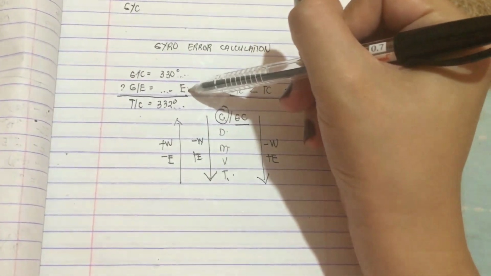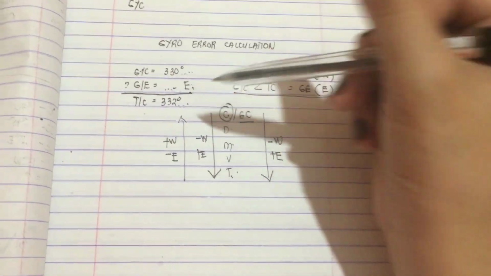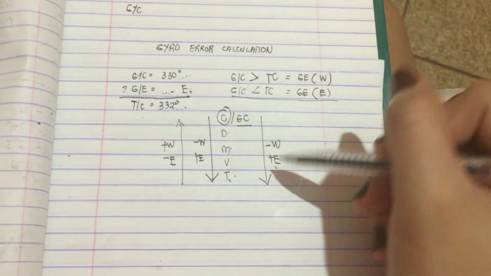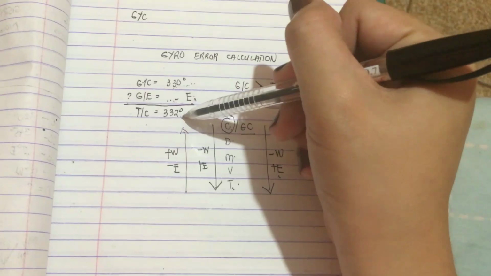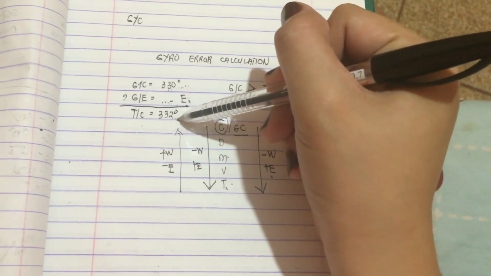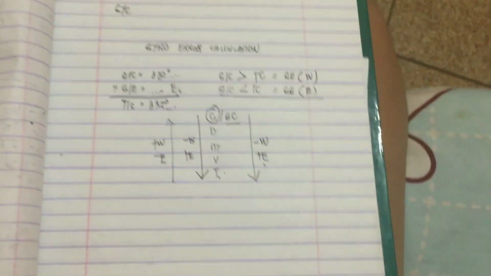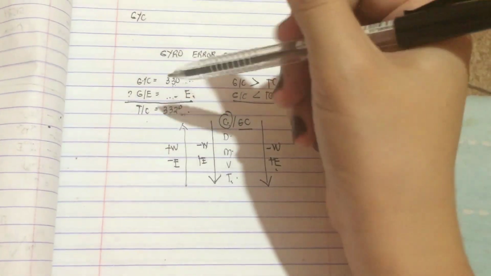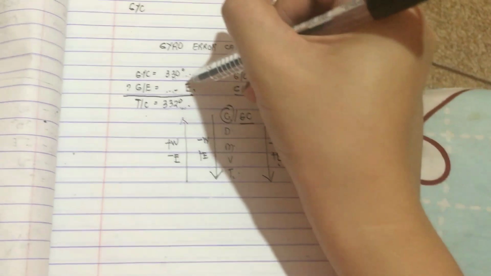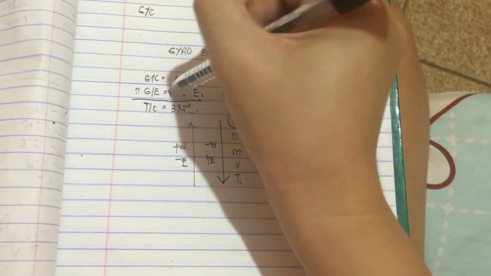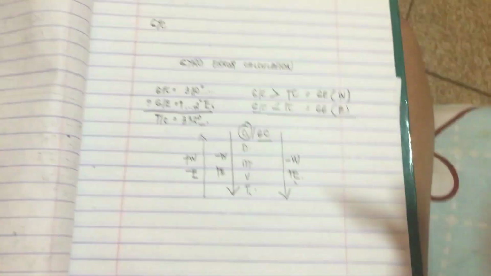Since our direction is east, what should be added to gyro course in order for us to get the 332 degrees true course? Since this is east, we should add 2 degrees.